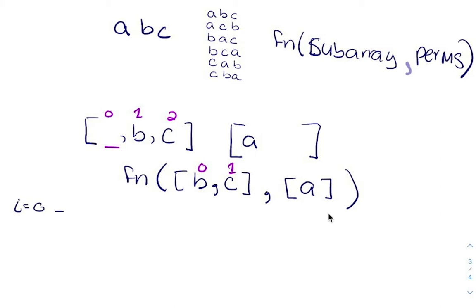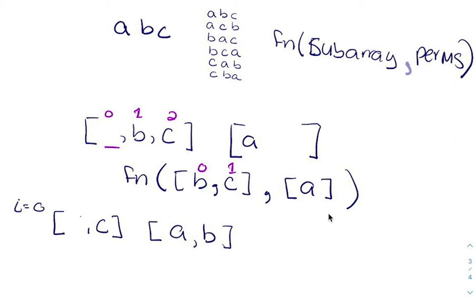So we're on B. So if we have this array right here, and this is the array that we're trying to build, then we're going to remove the B from our array, and we're going to place it inside of the permutation array, right? So now we have an array. So this was when I is equal to 0. So when I is equal to 0 up here, we have B, right? So we're going to remove B and put it into the permutations array that we're trying to build up.